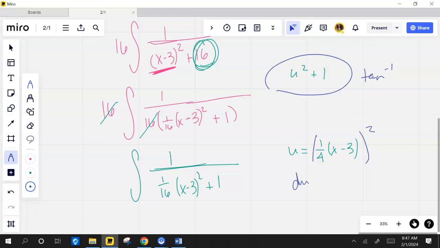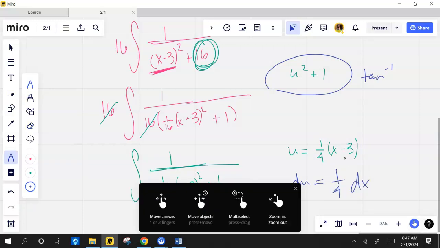All right, so that means du is what? 1/4 dx. Okay, let me take this off because that's not part of u. If I distributed this right, it'd be 1/4 x minus 3/4. What's the derivative? 1/4.